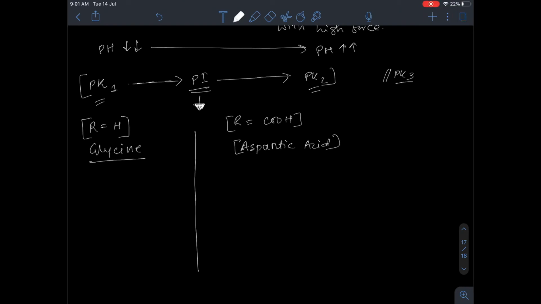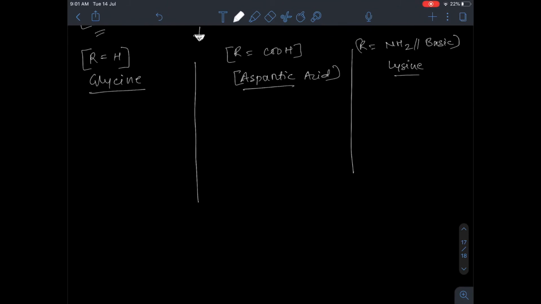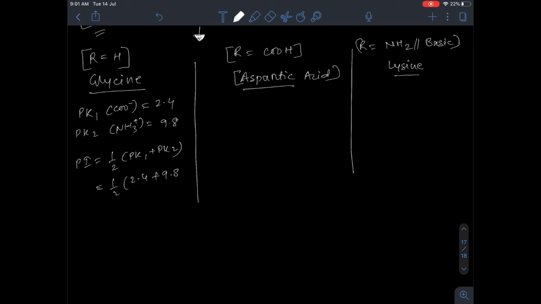Another is aspartic acid, where R is an acidic group, and lysine, where R is an amino group, or basic group. For glycine, the simplest one, pK1 for the carboxyl group is 2.4, let's say, and pK2 for the amino group is 9.8. So pI will be half of the sum of pK1 and pK2.